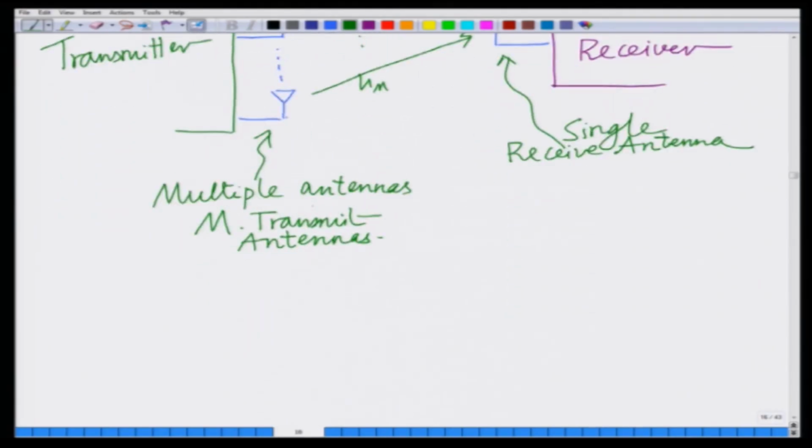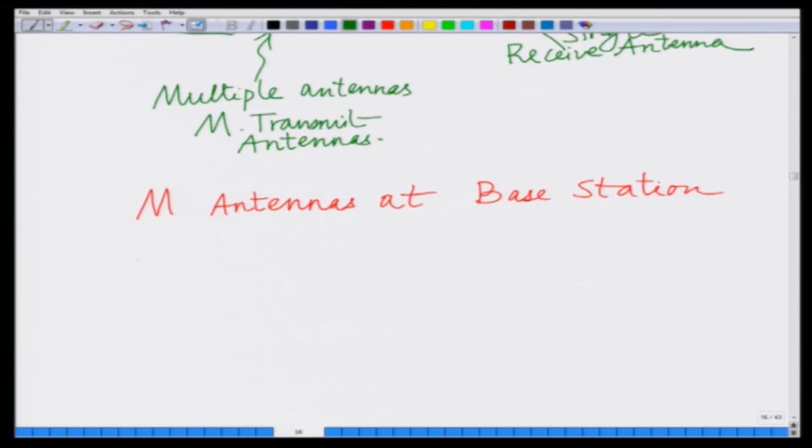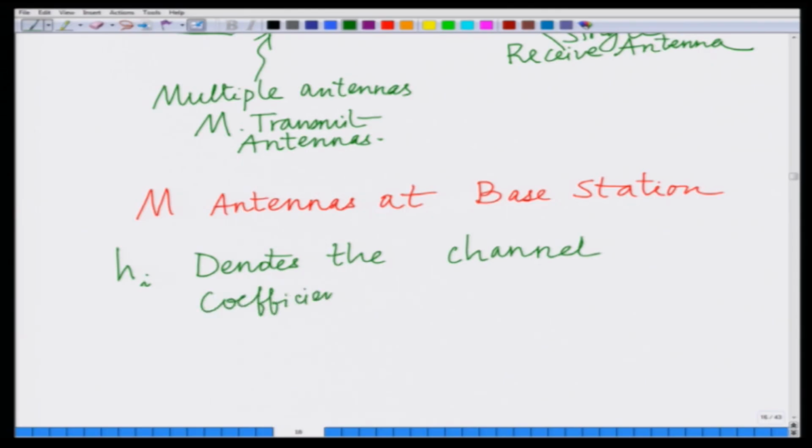So we have M antennas at the base station, and Hi denotes the channel coefficient between transmit antenna i and the receive antenna.